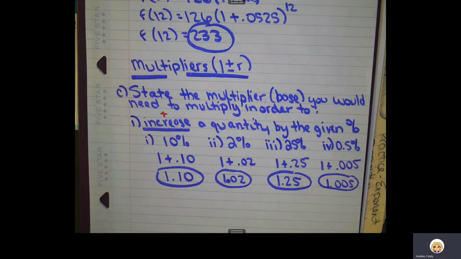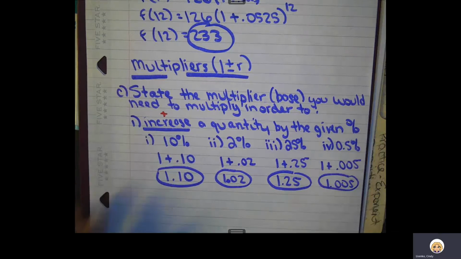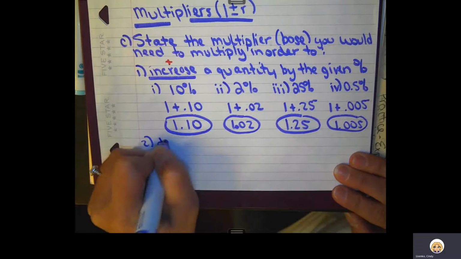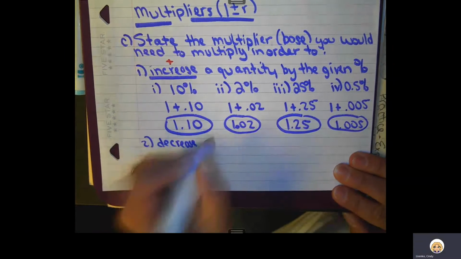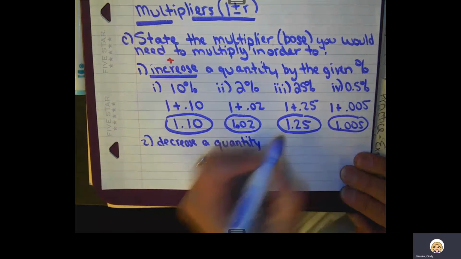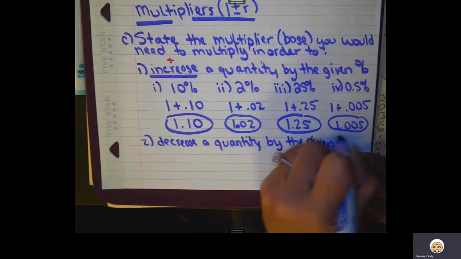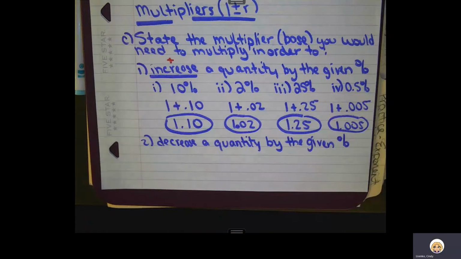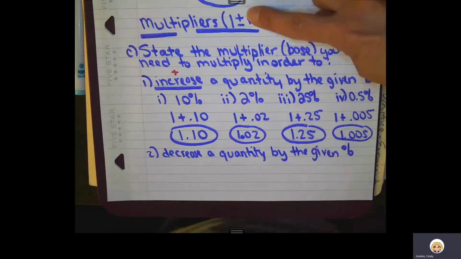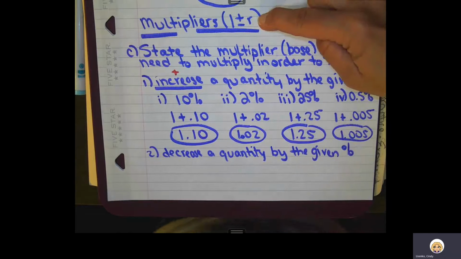Last part of the notes, I'm going to do the same thing, but this time I want to decrease the quantity. So I'm going to go right below, and I'm going to write for number 2, decrease a quantity by the given percent. I'll pause for a second. So we're going to use these same exact numbers again, but this time, instead of the plus, the multiplier is going to be 1 minus the number as a decimal.